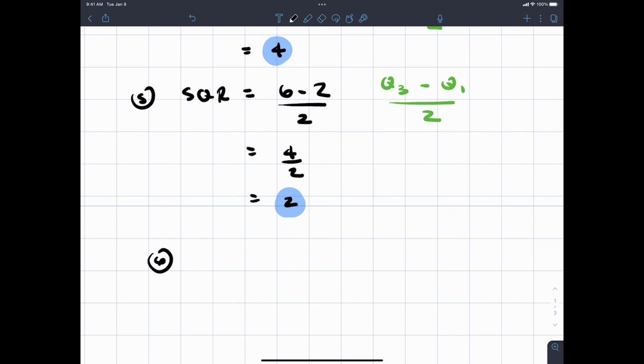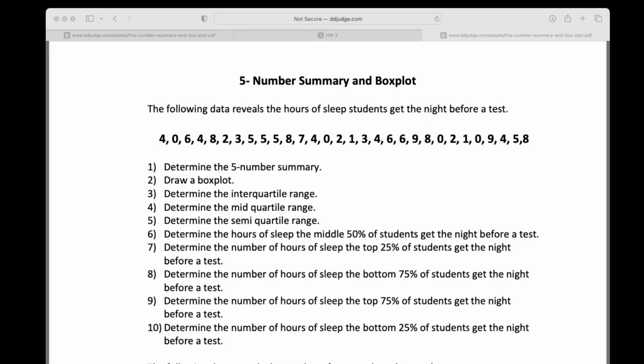Okay. So what's question 6? Browser, what does 6 say? Determine the hours of sleep in the middle 50% of students. Because remember, the data represents the number of hours students get the night before a test.